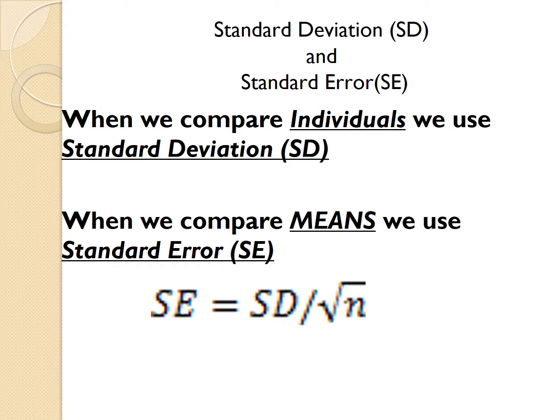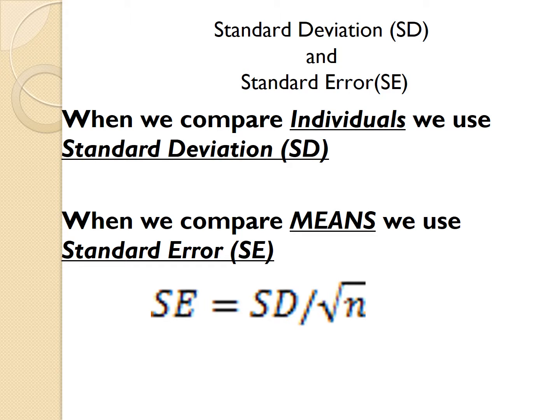It's important to know the difference between the standard deviation, which describes the spread of individual observations, and the standard error of the mean, which describes the spread of the mean of observations. When we compare individuals, we use standard deviation.